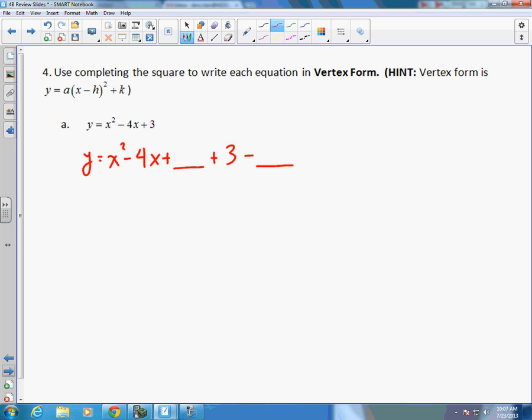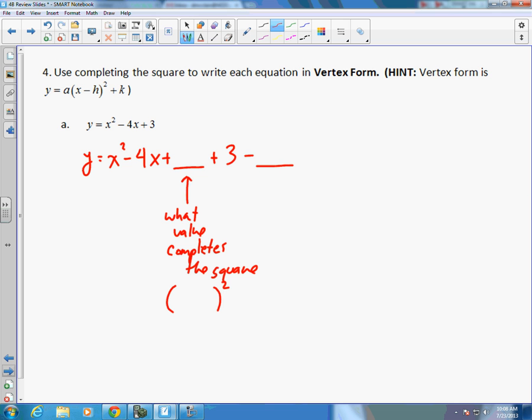So what I ask myself here is, what value completes the square? What I mean by complete the square is I want to write this thing as some binomial to the second power. That will enable me to have the equation in vertex form.